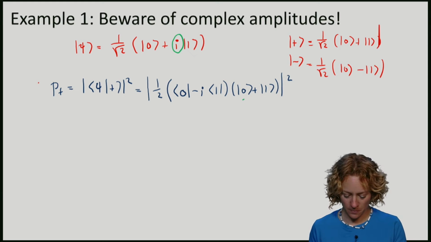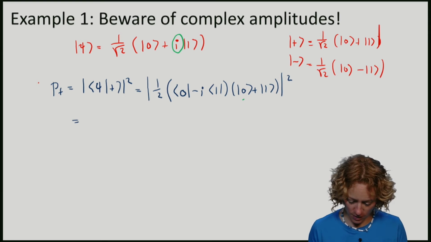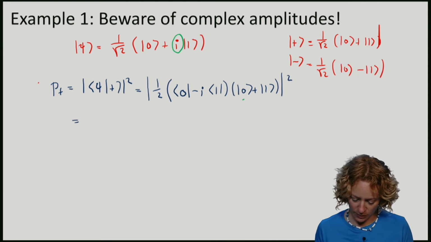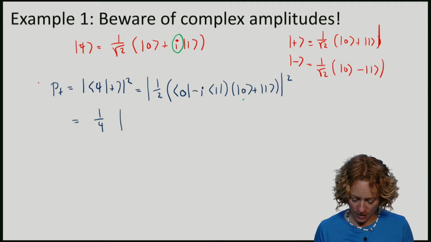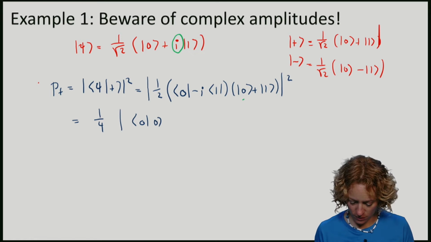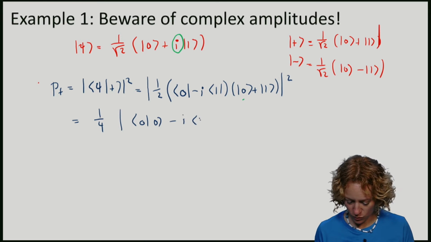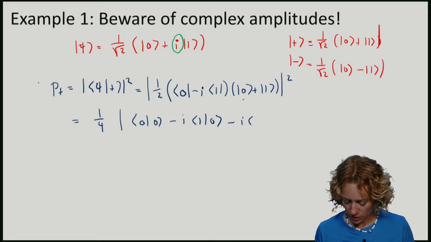So what will we get? I have a half, I will square it, I can move it up front, I get a quarter. And here we have 0 with 0, minus i 1 with 0, minus i 1 with 1, plus 0 with 1.